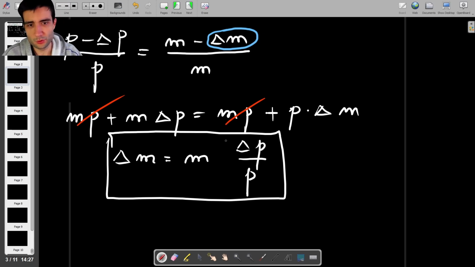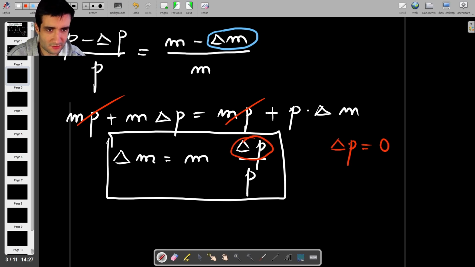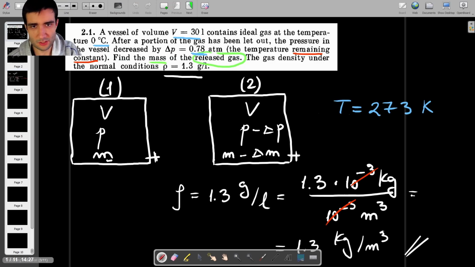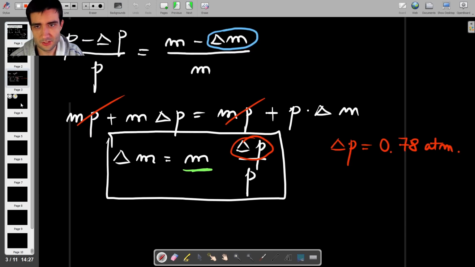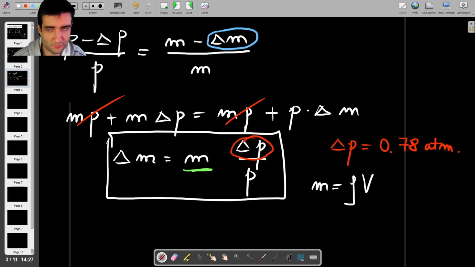To begin with, we don't know anything other than delta P. We know delta P as 0.78 atmospheres, but we can find the mass because we know the volume and we know the gas density under the normal conditions. So m would just be equal to the density of the gas times the volume.